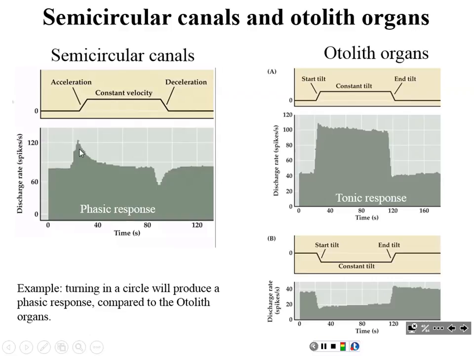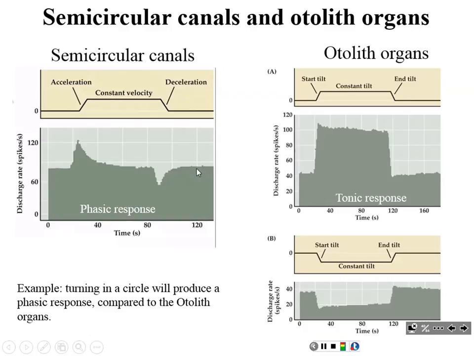And there's not going to be more stimulation because of that. Okay? And that is why if the velocity is constant, then there is a decrease in the firing of the semicircular canals. Once we stop, again, the endolymph lags behind, keeps on moving, but now it's going to produce a hyperpolarization of the cells and then reach the normal status. So semicircular canals respond in a phasic way.